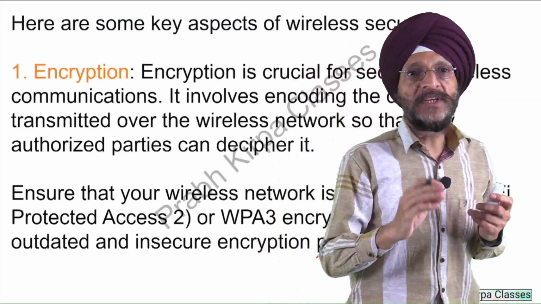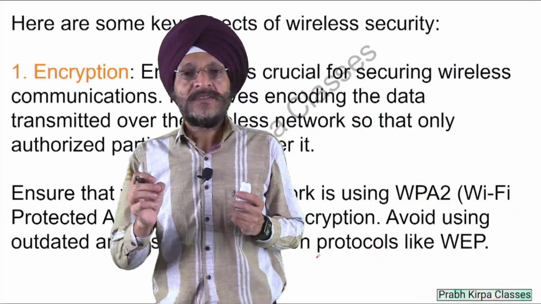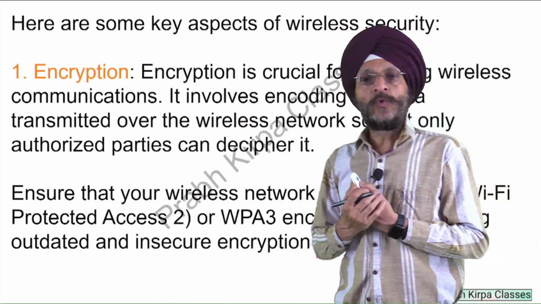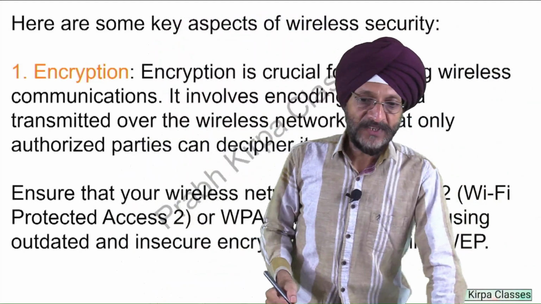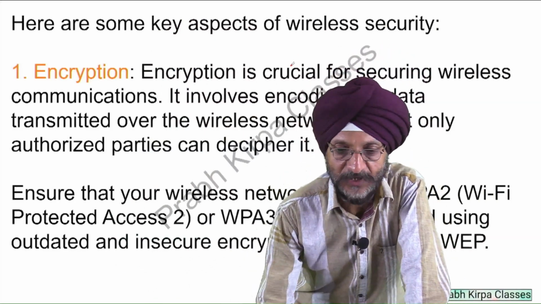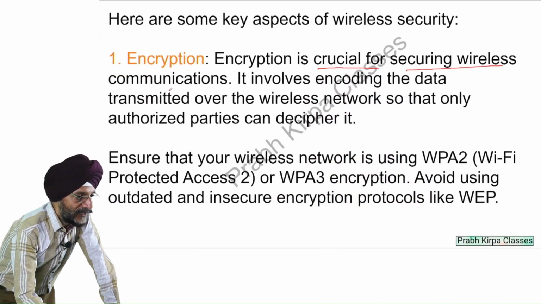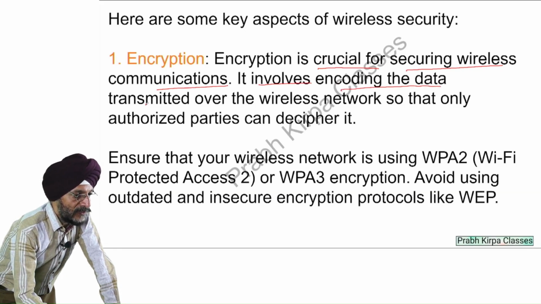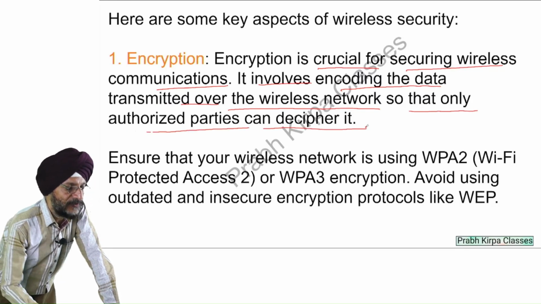Here are some key aspects of wireless security. That is, now we will discuss some of the wireless security measures which we can take to protect the wireless networks. First is encryption. What is the meaning of encryption? Encryption is crucial for securing wireless communications. It involves encoding the data transmitted over the wireless network so that only authorized parties can decipher it.